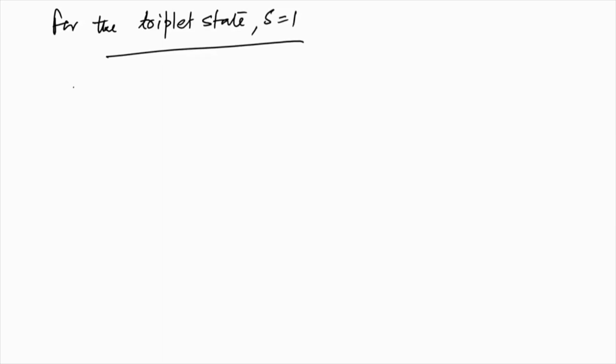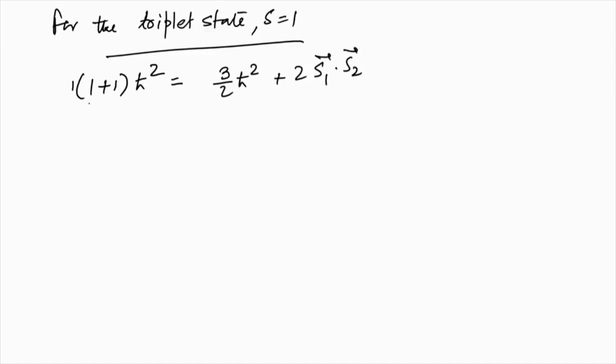Whereas, for the triplet state, which corresponds to S equal to 1, that will have 1 into 1 plus 1 h cross square for the left hand side, which is equal to 2 h cross square, equal to 3 by 2 h cross square plus twice S1 dot S2.